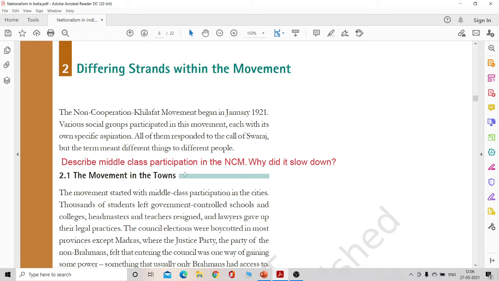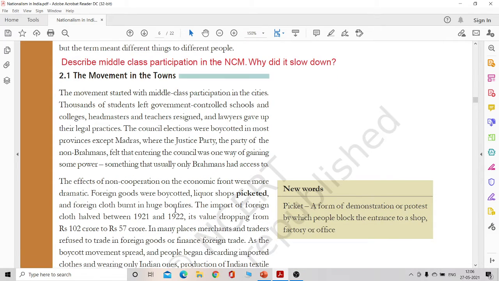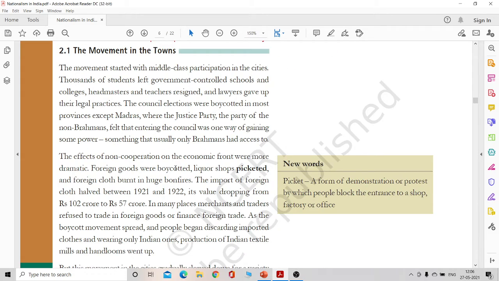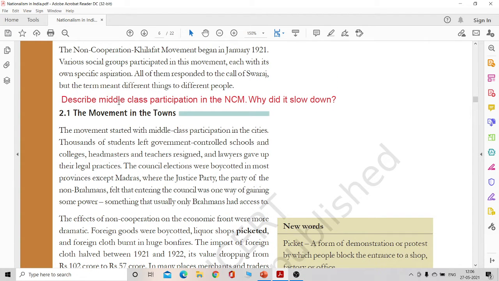So describe middle class participation in NCM and exactly why did it slow down. The movement started in the cities. Another way you can get this question is how did the city dwellers participate in the non-cooperation movement? So don't get confused, the answer would be the same. Middle class and city dwellers, the same thing, right?